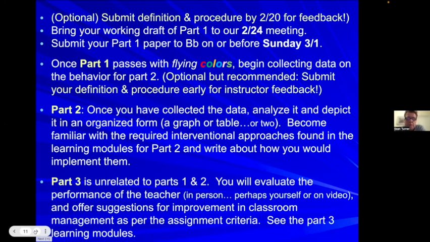If you are in a situation where you cannot observe a child in a class, it sounds like we have a lot of people that have access to students that have challenging behaviors. But if you feel like you're not, look at the alternative options. Stay on after class today and talk to Dr. Mack about those alternative solutions. But part one is very, very important.